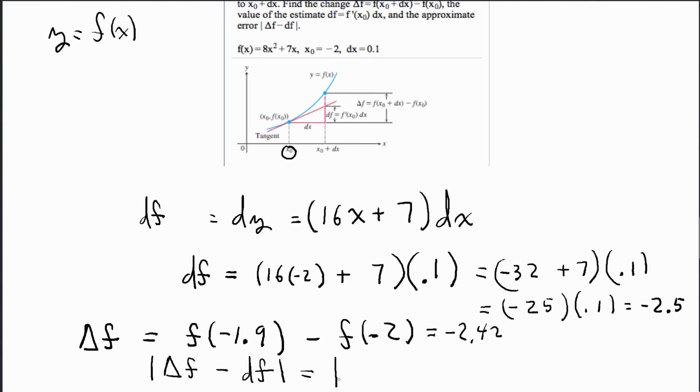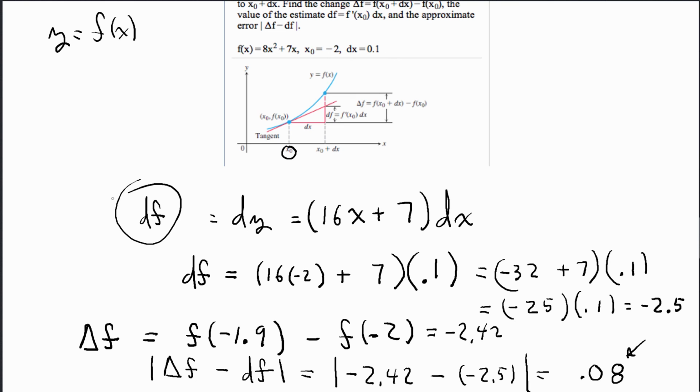That's the absolute value of negative 2.42 minus negative 2.5, right? And that's going to be what? Well, it looks like it's going to be 0.08. Does that make sense? Yeah, I guess that's correct, right? So you have the 2 and then 0.42 from 0.5, so you get 0.08. So that's the error. That's how far off we were by approximating the change using our differential.